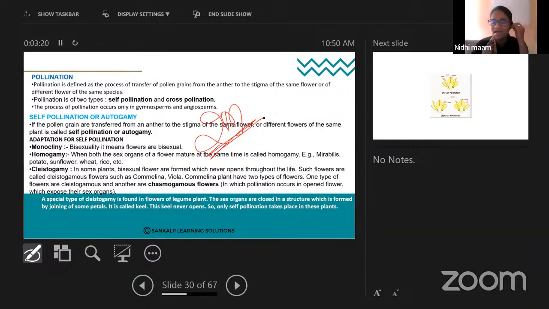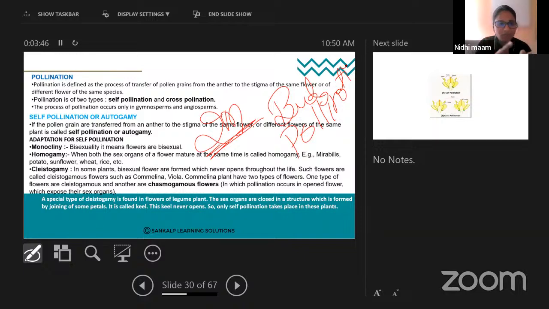So these 3 are the adaptations. Along with this, we will have one more, which is called bud pollination. Bud means moggu. So when the flower is in a bud condition only, the self-pollination is achieved. Once the pollination is achieved, the flower will open. That is called bud pollination.